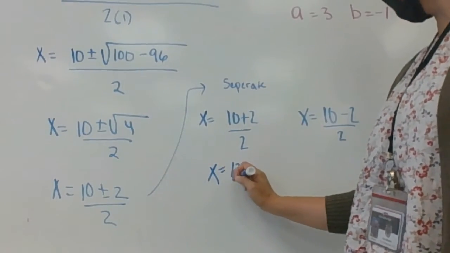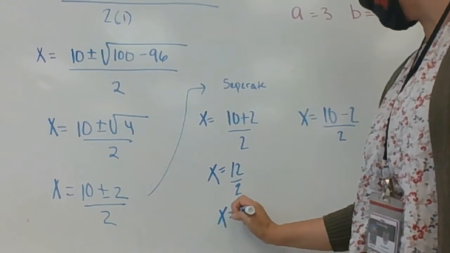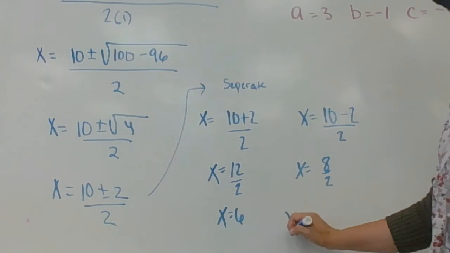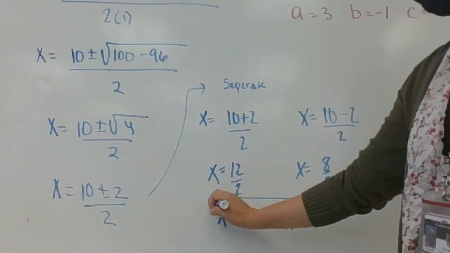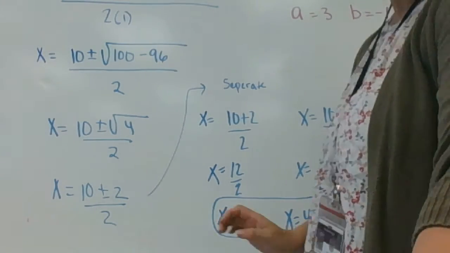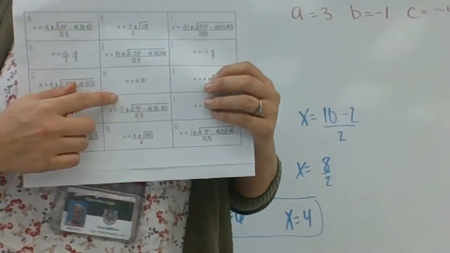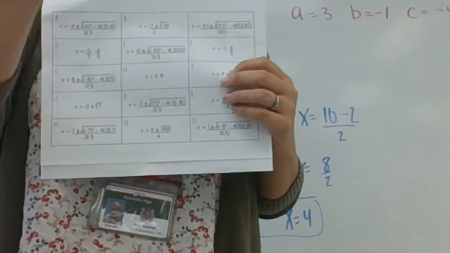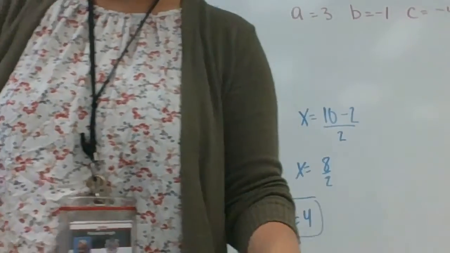So that's 12 over 2, so I get x is 6. And that's 8 over 2, so I get x is 4. My two answers are 6 and 4. That's letter H on the handout, so I would cut out letter H and paste it next to number 1.